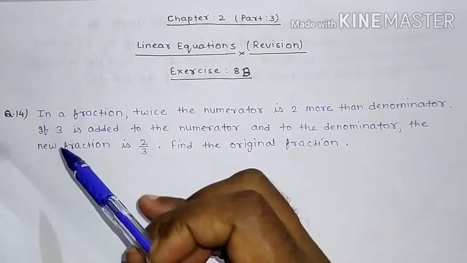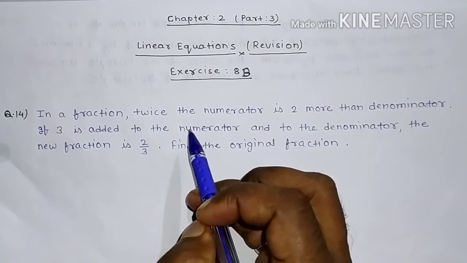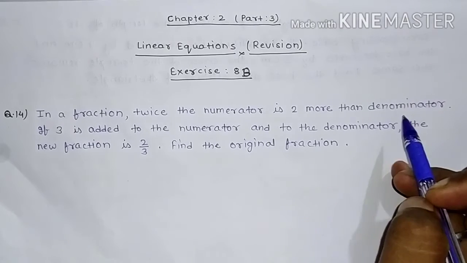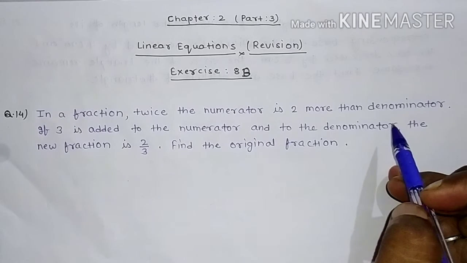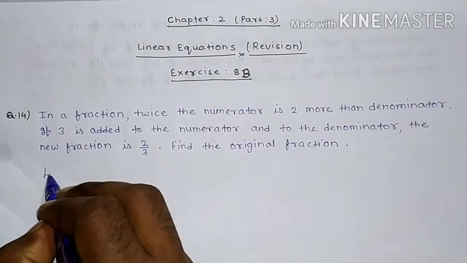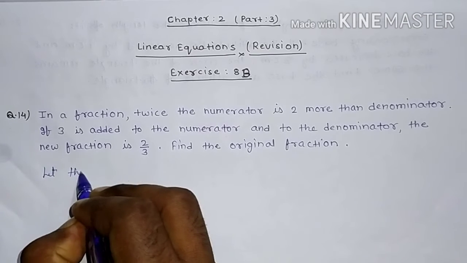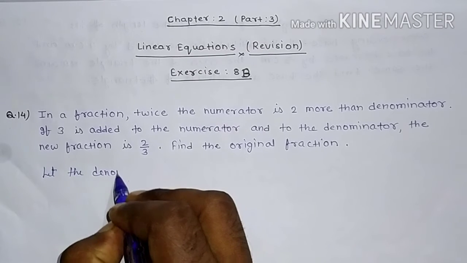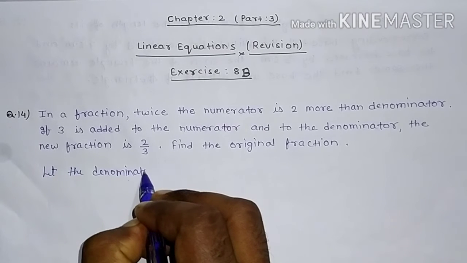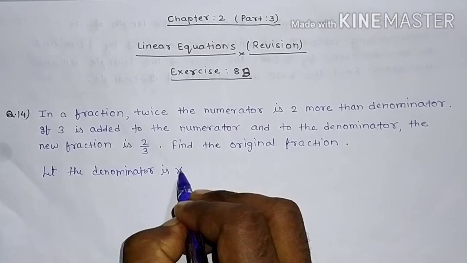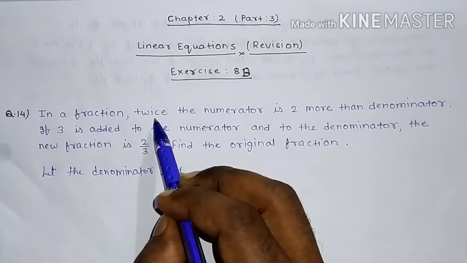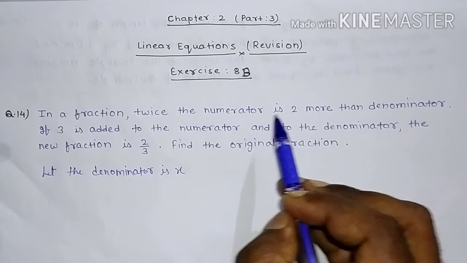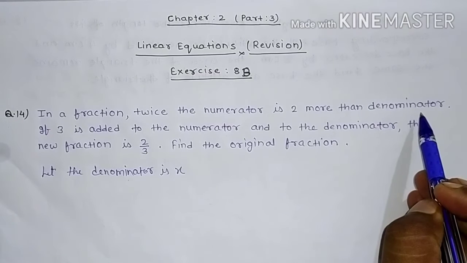Now question number 1. In a fraction, twice the numerator is 2 more than denominator. So let the denominator be x. Twice the numerator is 2 more than denominator.